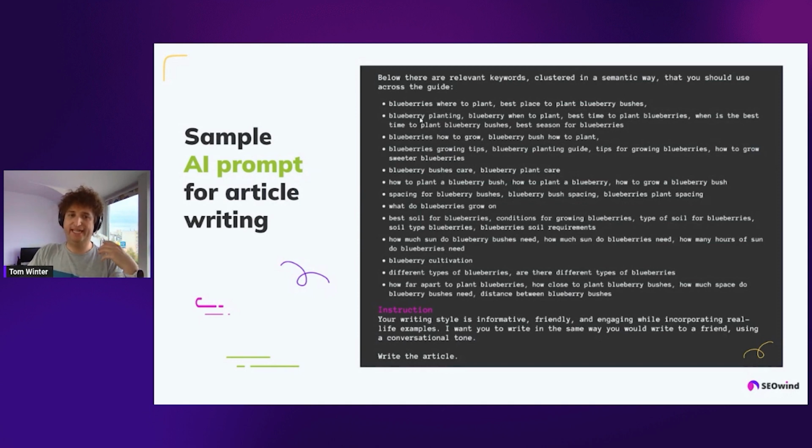When we put keywords about blueberries, we got them out in clusters. And we're specifically showing ChatGPT, these are the keywords that I would like to use. Of course, ChatGPT will not use all of the keywords that we provided, but it will try to use certain keywords when writing the article. So I'm really specific about what kind of things you can add here.